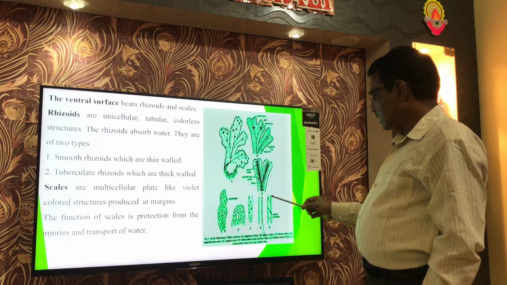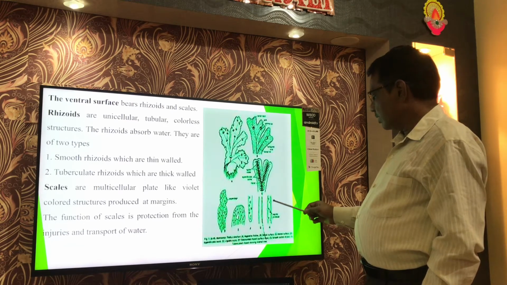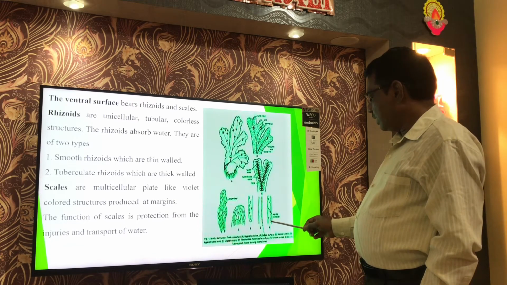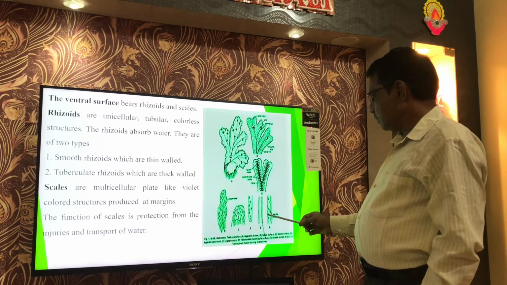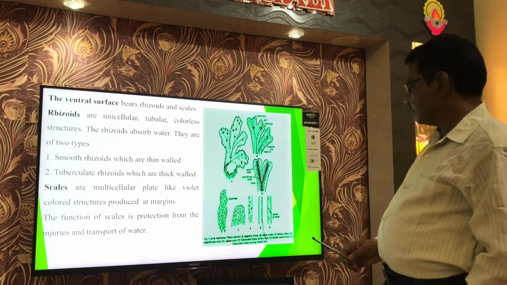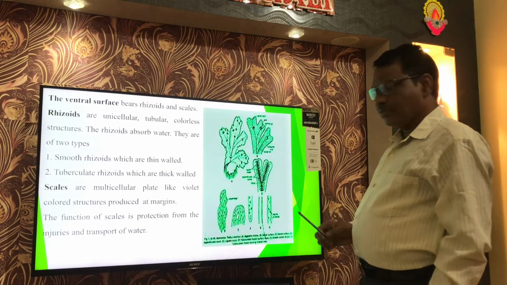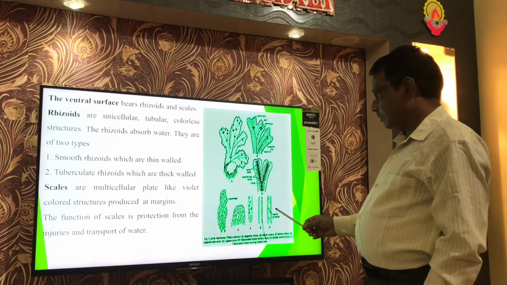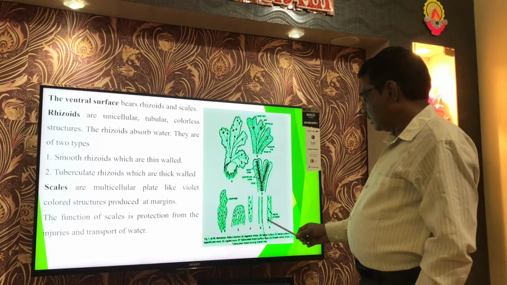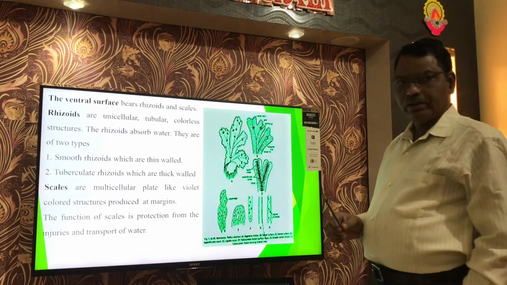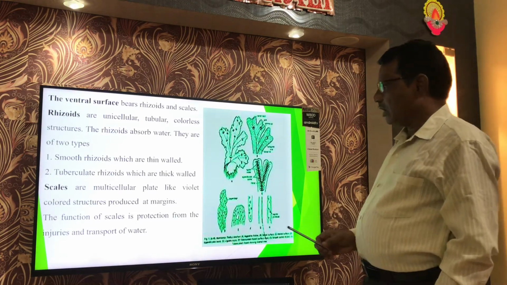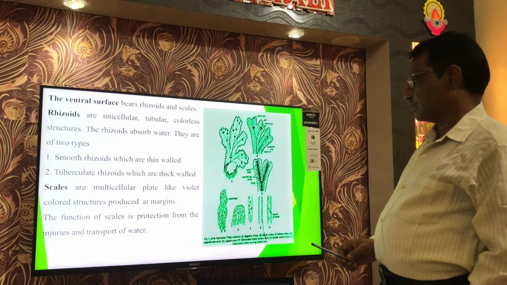Whereas in some rhizoids, the outer wall is smooth, but the inner wall shows a large number of infoldings, and these infoldings are called tuberculae, and therefore these rhizoids are called tuberculate rhizoids.